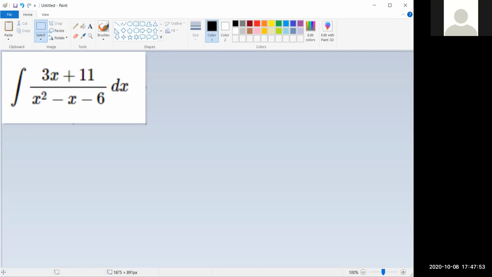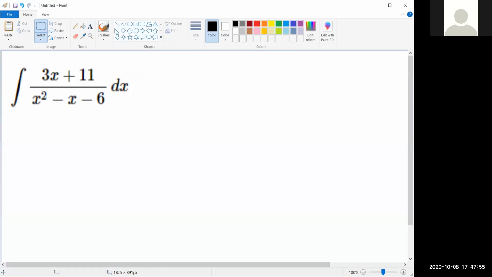So here's our question. All right, so this is how it goes. First, we're going to factor the denominator and see what we have there. So this becomes 3x plus 11 over, let's see, how do I factor this?